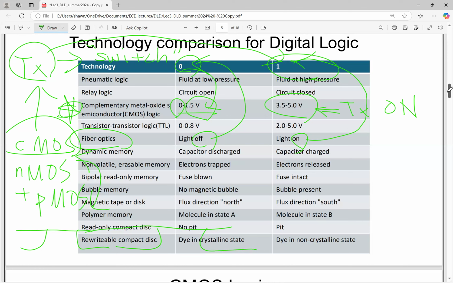But if we consider the noise margin, we can accommodate a 3.5 to 5 volt range, which allows us to turn on the transistor itself.